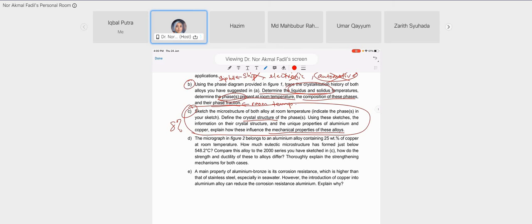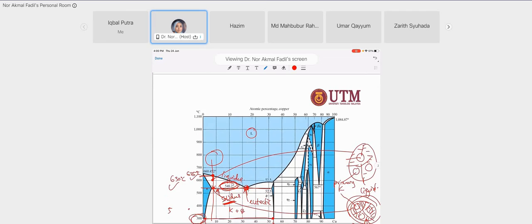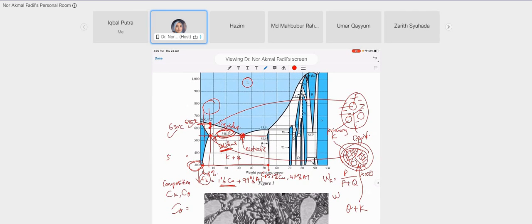Okay, eutectic structure. If they have only K microstructure, if you have this alloy without the lamellar structure, it will give different mechanical properties. Let's say 2% copper versus 8% copper.